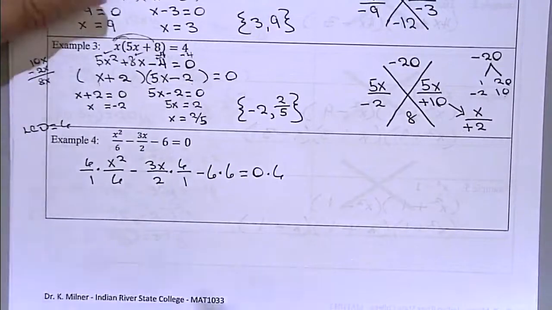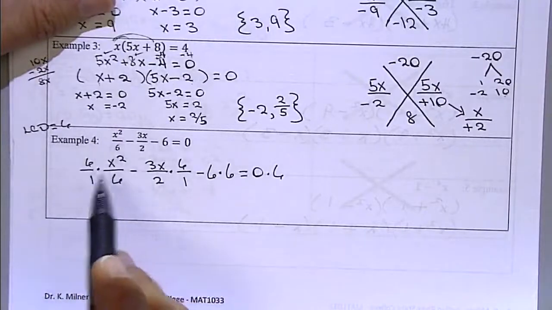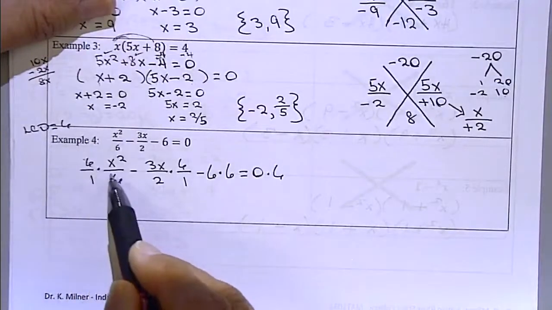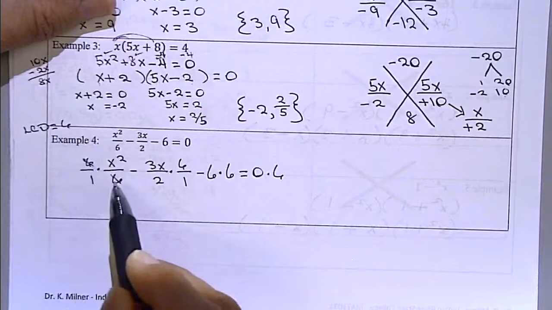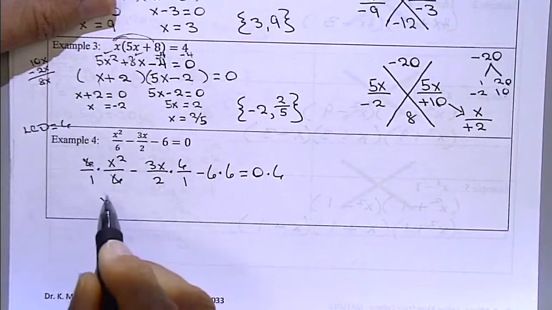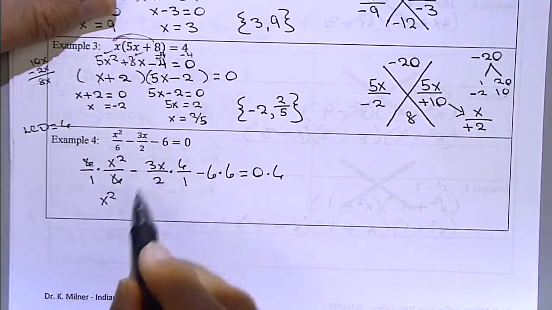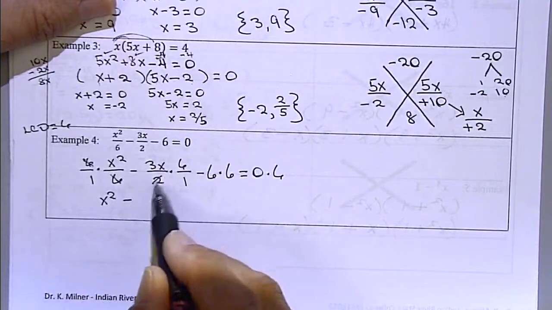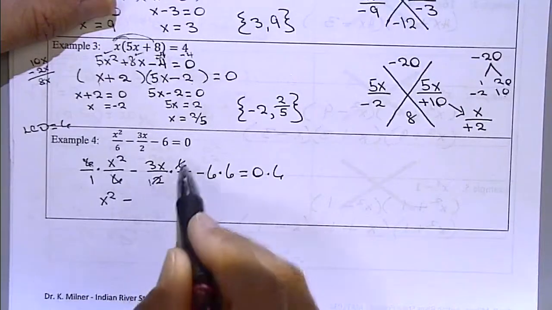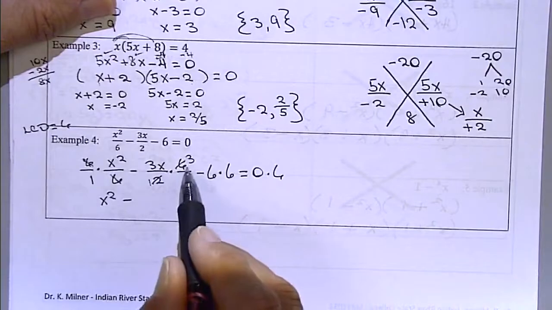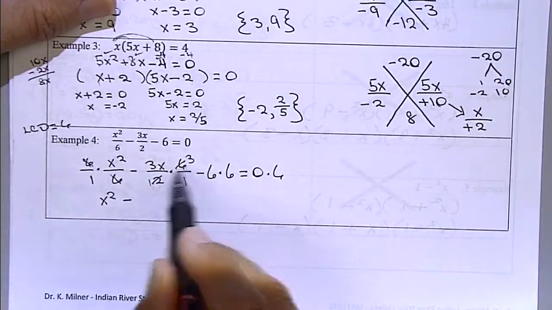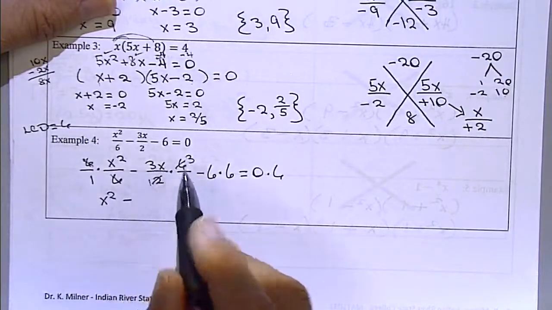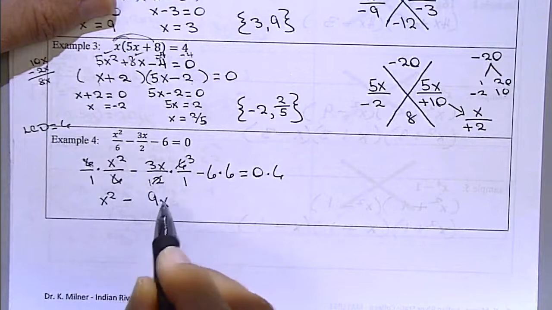When I did that, I get these fractions that I'm multiplying together, and they cross-reduce, don't they? This 6 and this 6 turn out to be 1, so I've got x squared. And then over here it's going to be minus, okay, this 2, I'll divide both of these by 2. And I end up with a 3 in the numerator. So I say negative 3x times 3 gives me a negative 9x.